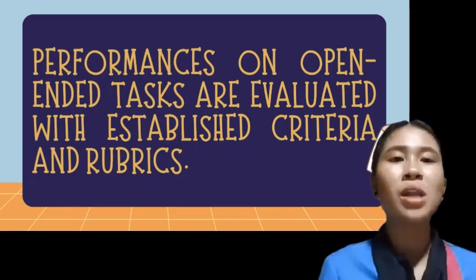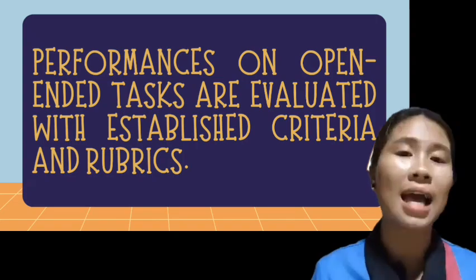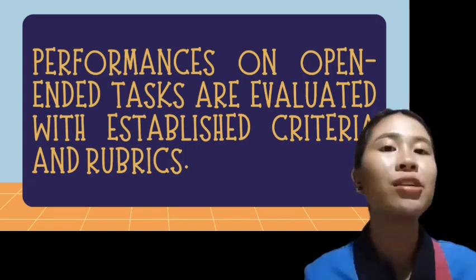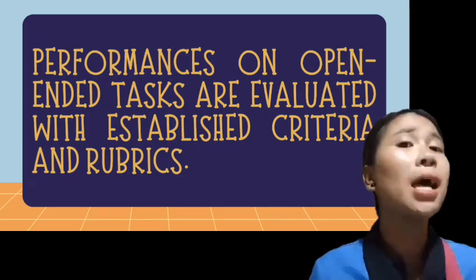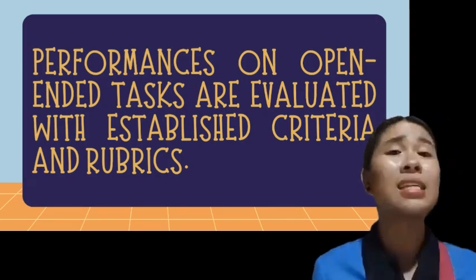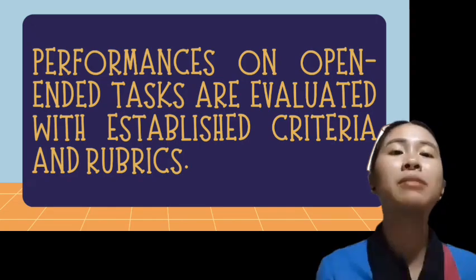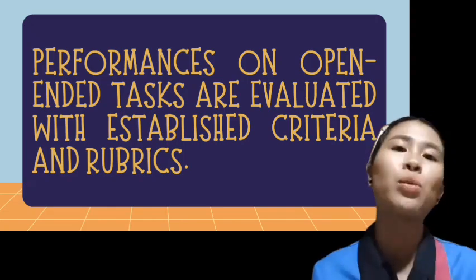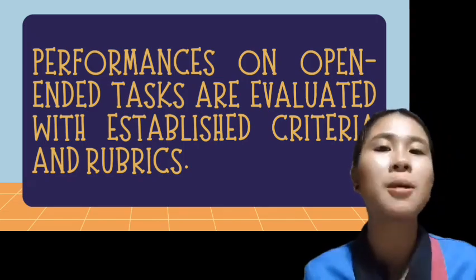For example, a rubric for a performance task in a science class might include criteria such as accuracy, creativity, experimental design, data analysis, and conclusions. Each criterion would be described in detail along with a range of scores that correspond to different levels of performance.